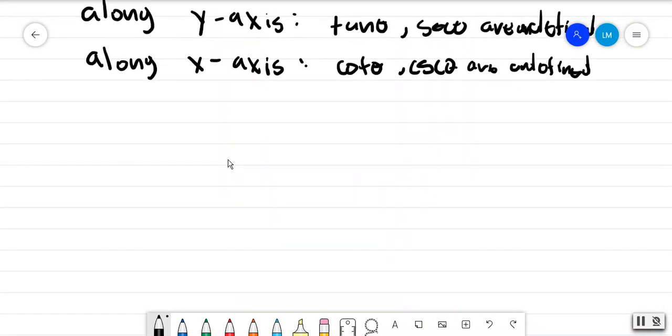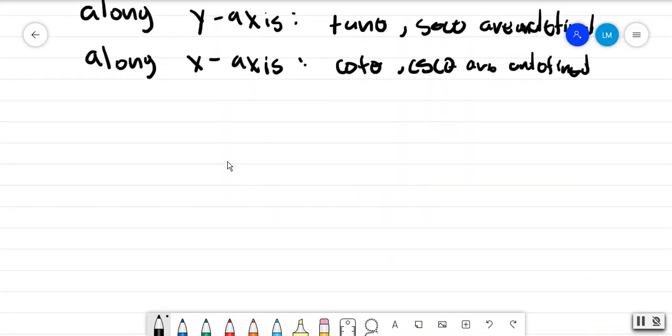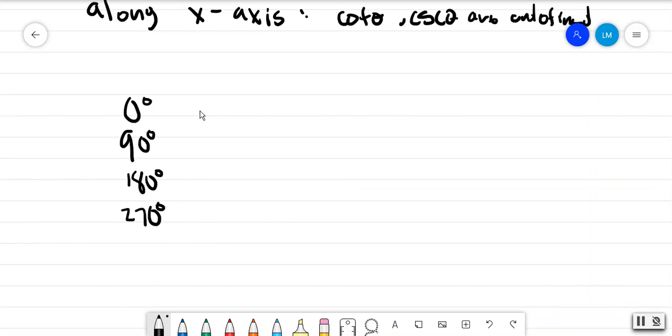So let's close this section by looking at the 6 trigonometric functions of the important angles, such as 0 degrees, 90 degrees. Well, these are the quadrantal angles. 180 and 270. Now, I can do 360, but to be honest, it's going to be the same as 0.